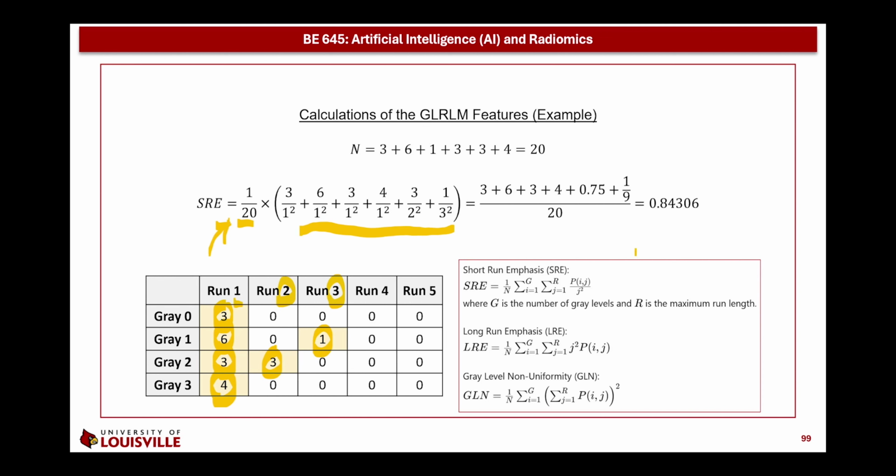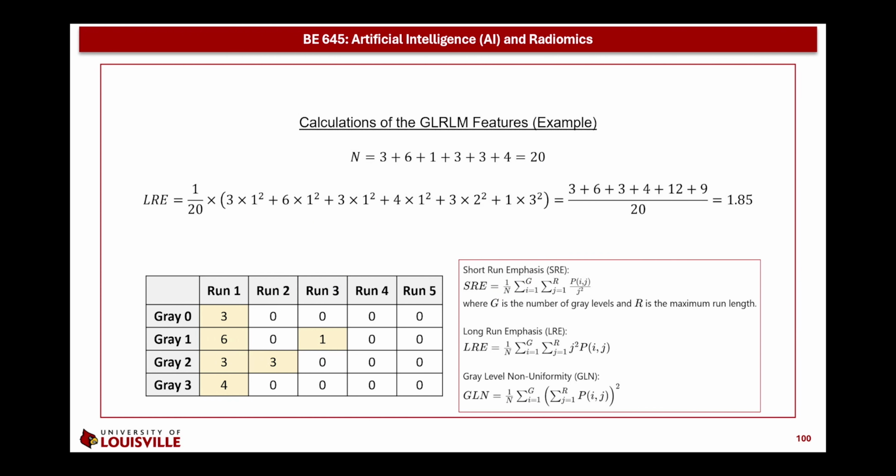In the formula, try to distinguish between G and N. G in our code is represented by the N value, which we calculated earlier, and N in the formula will be represented by the sum of the run length. To calculate the sum, you sum all of the numbers in the run length matrix, and you will get 20. So the SRE value will be approximately 0.84.